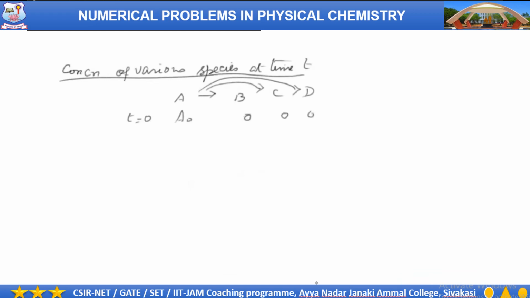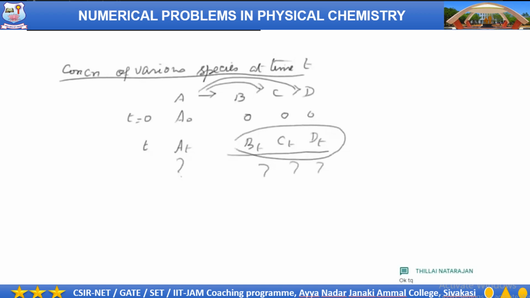At time T, the amount of A left is AT, then B as BT, C as CT, D as DT. What is the concentration of A? And what are the concentrations of the products? For which I am going to give a general equation. You can make use of that equation and find out the concentration.